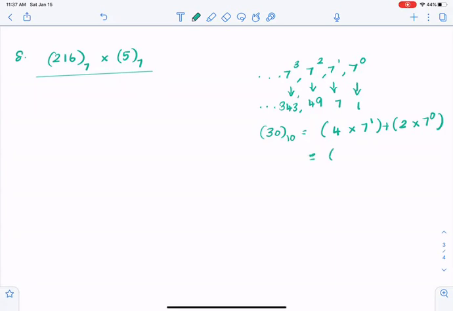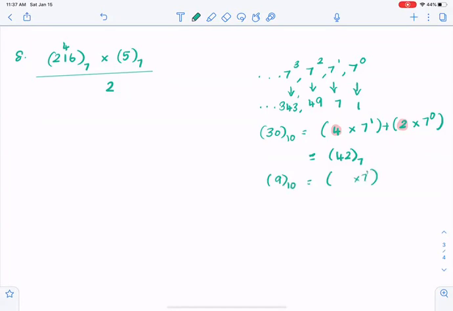So we have 42 in base 7. So 2, carry 4. 5 times 1 is 5, 5 plus 4 is 9. 9 in base 10.